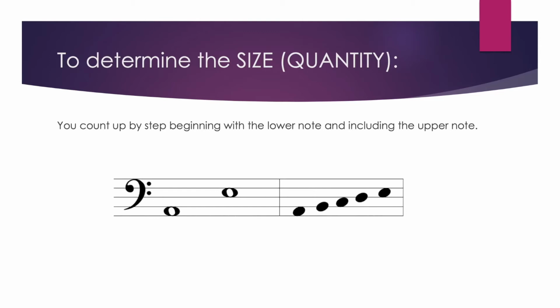Okay, so you want to count up by step from the lower note, including it, A, all the way up to E. And here's what we get. We get 1, 2, 3, 4, 5. Okay, so that means the interval from A to E is a fifth. It's that simple.